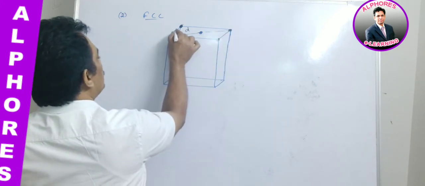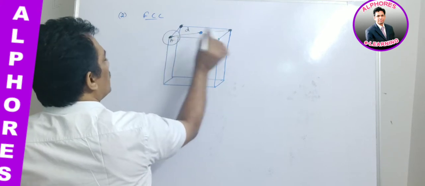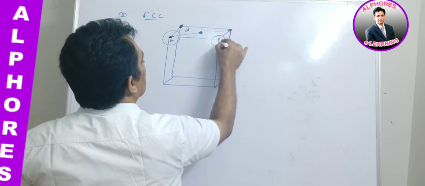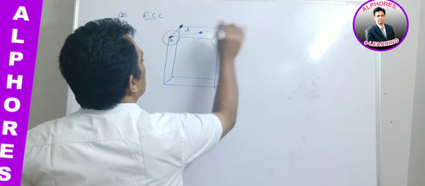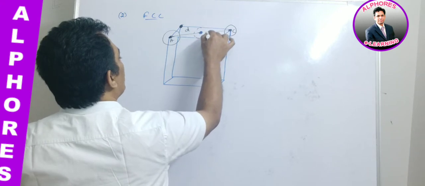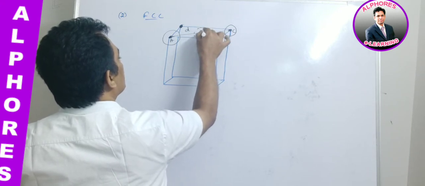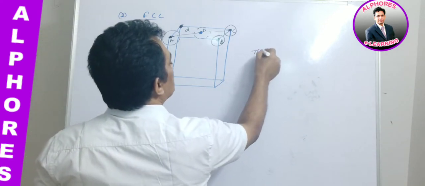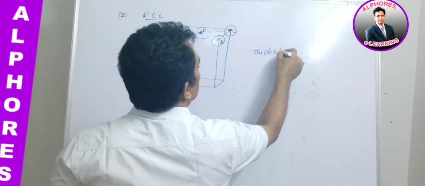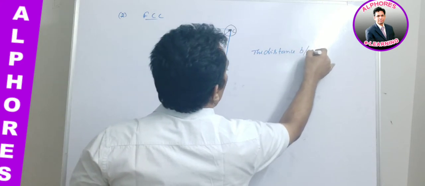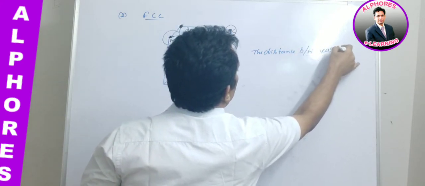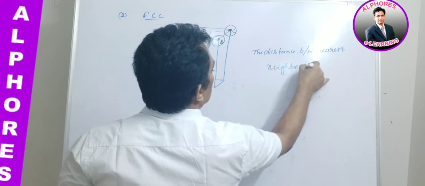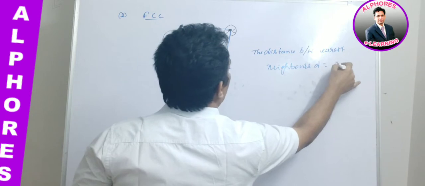Let us assume this is A and it is B and it is C, and this atom at the face center is D. Now the distance between nearest neighbors, D, is equal to AD.